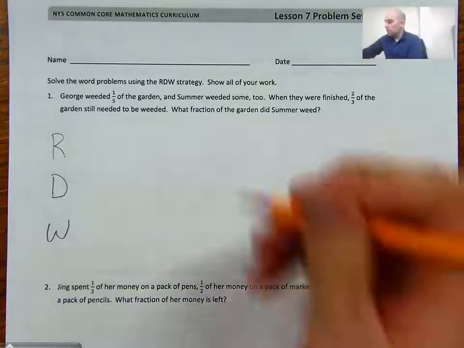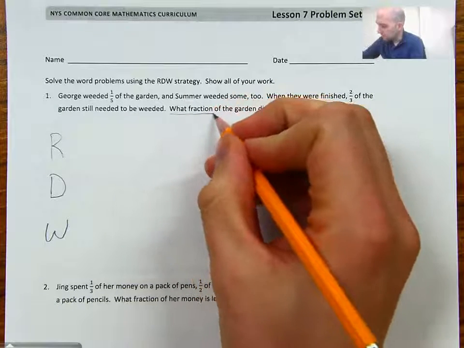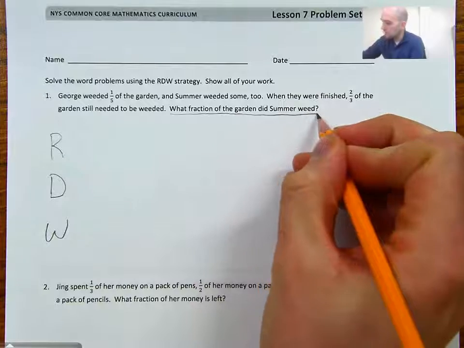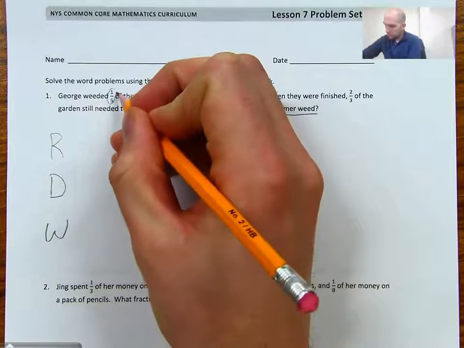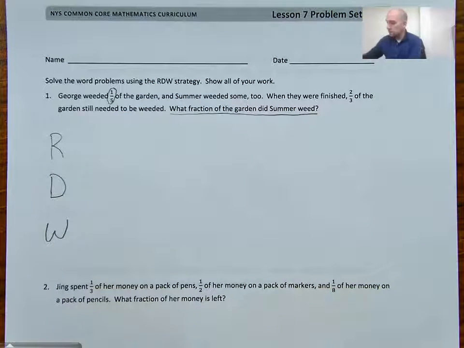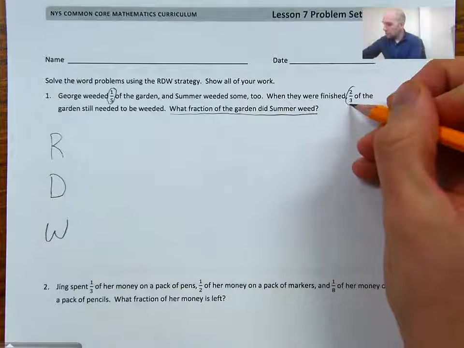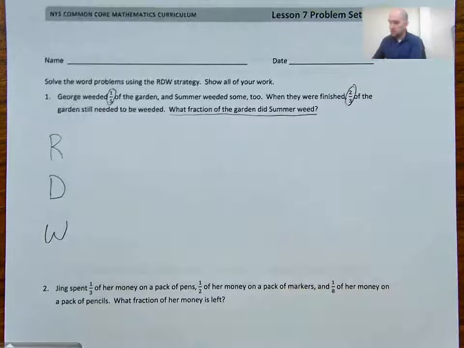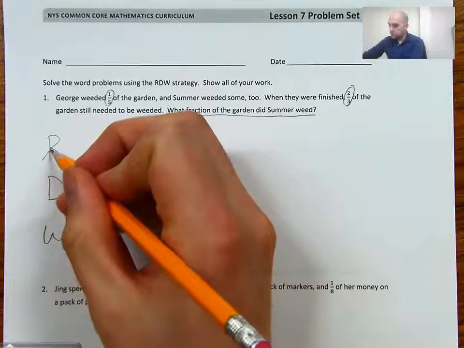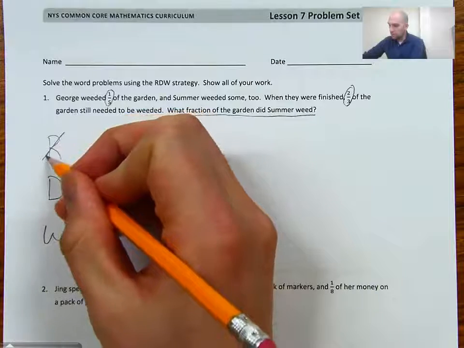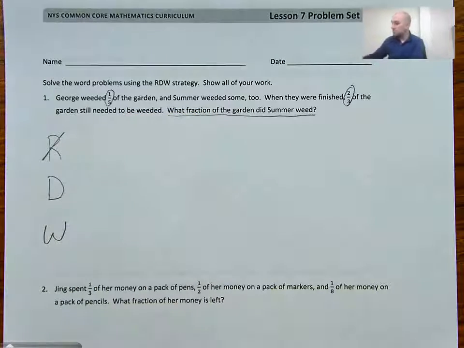So we're looking for the fraction of the garden that Summer weeded. We know that George weeded 1/5 of the garden, and when they were finished, 2/3 of the garden still needed to be weeded. So now that we've read our problem and figured out what we're looking for, I can cross out my R.